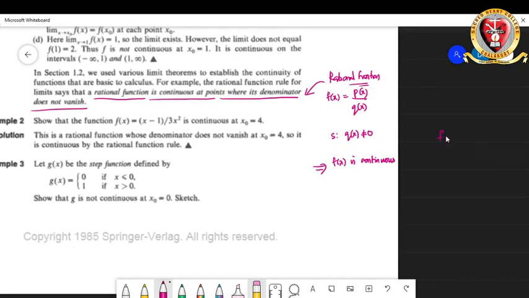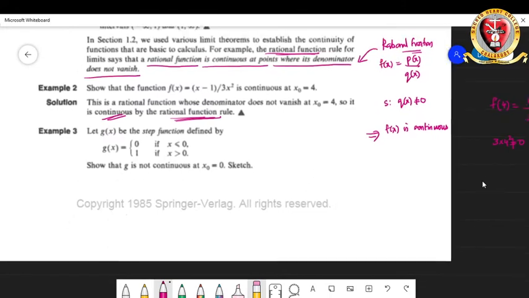That is, if we put x is equal to 4, you get 4 minus 1 divided by 3 into 4 square. And you understand that 3 into 4 square is not equal to 0. So, since this is a rational function such that the denominator is not vanishing at that point, that will mean the given function is continuous. How? Because of the rational function rule, which is the statement we have underlined here.